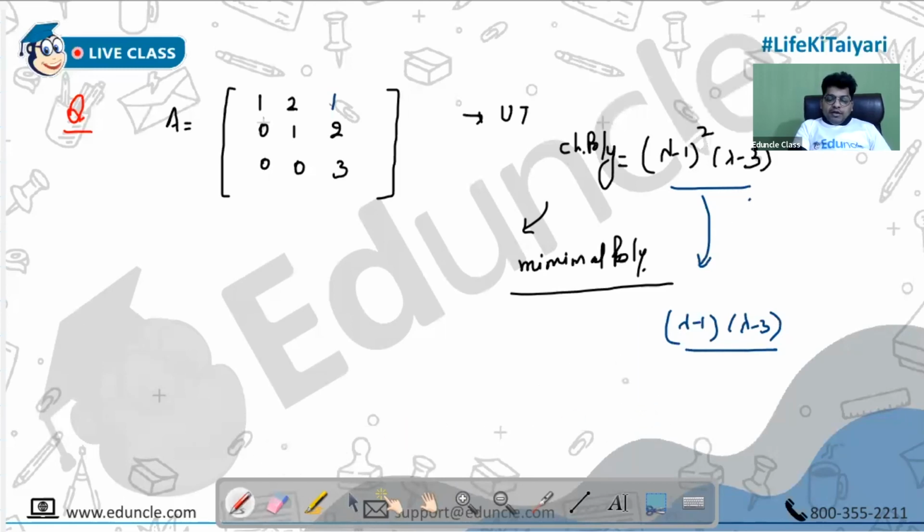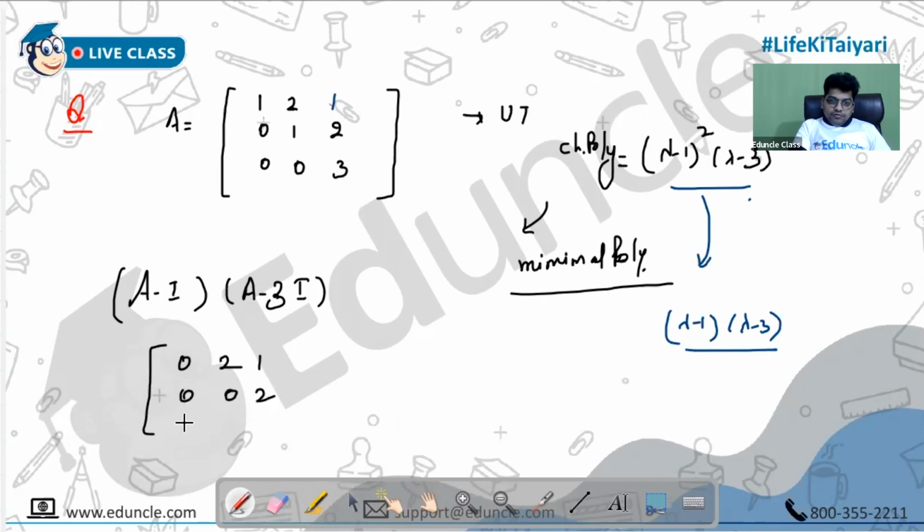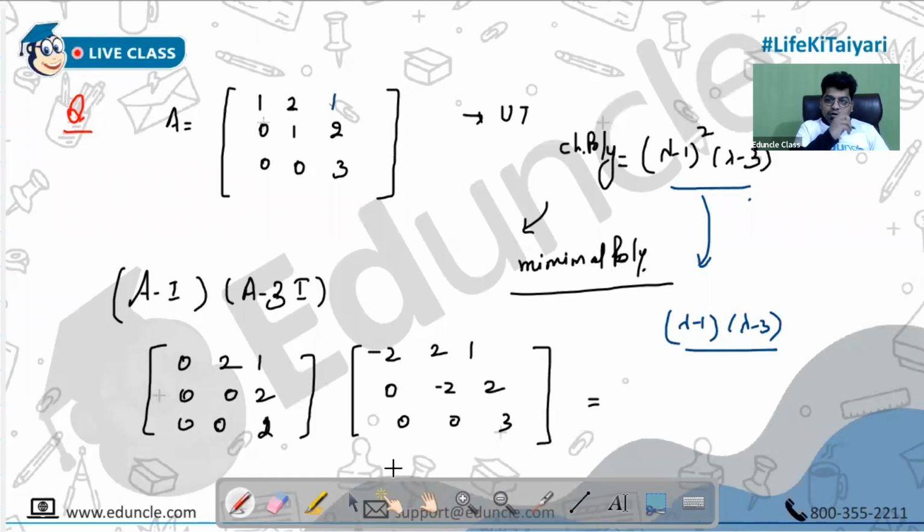So check whether (A minus I), (A minus 2I), (A minus 3I) product is 0. See, this is 0, 2, 1, 0, 0, 2, and 0, 0, 1. This is 3 minus 2, 2, 1, 0, minus 2, 2, and 0, 0, 3. What is the product? Please find out.